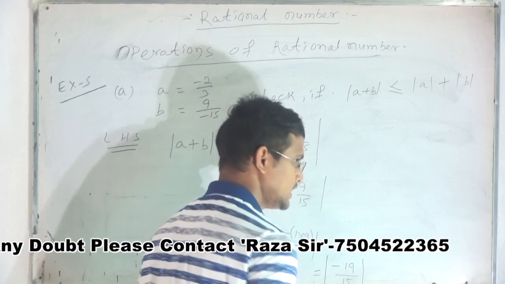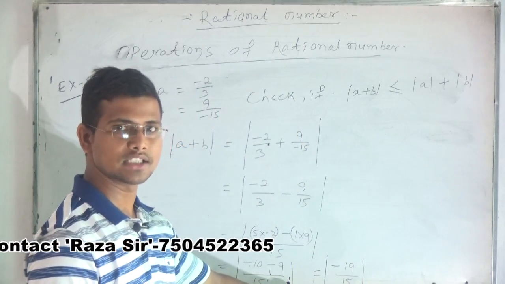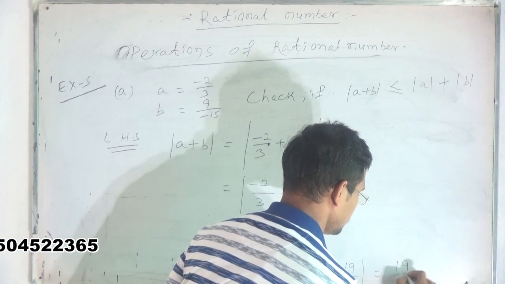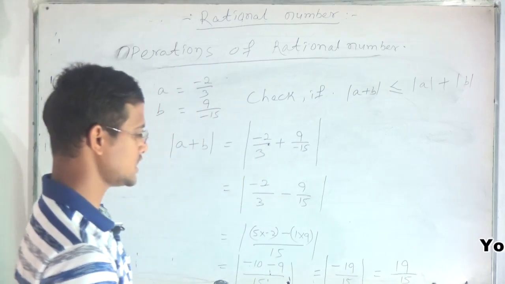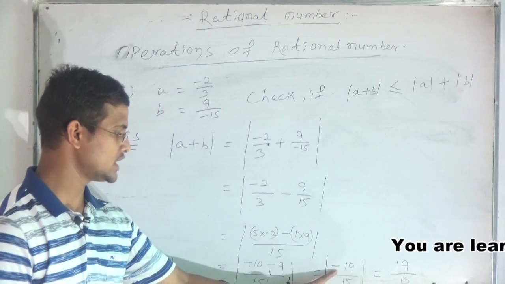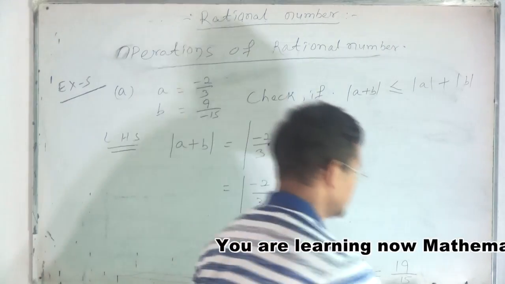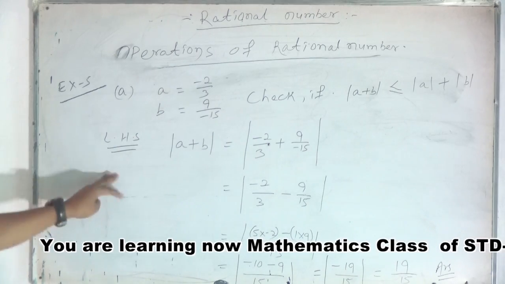You know already the absolute value of any negative rational number, regardless of sign. Avoid the minus sign, then 19 by 15 is your answer. This is your LHS part.